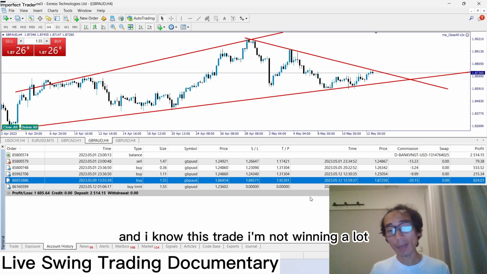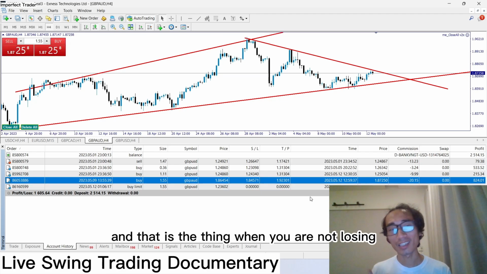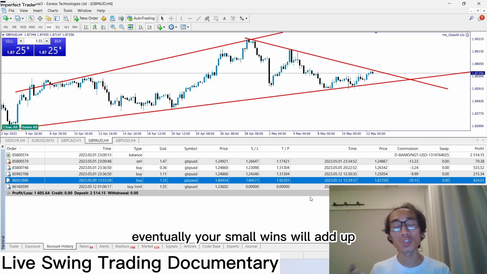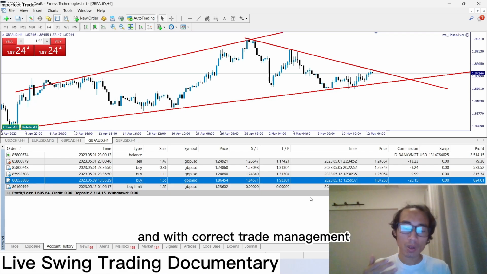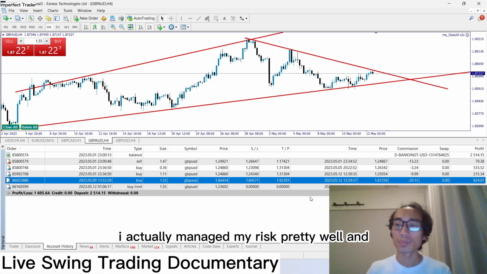And I know in this trade I'm not winning a lot, but a lot of people forget that I am not losing. And that is the thing. When you are not losing, eventually your small wins will add up. And with correct trade management, I actually manage my risk pretty well.